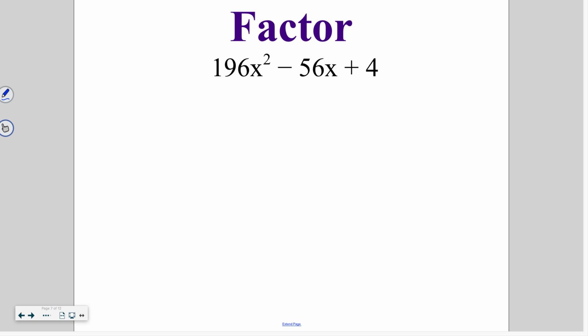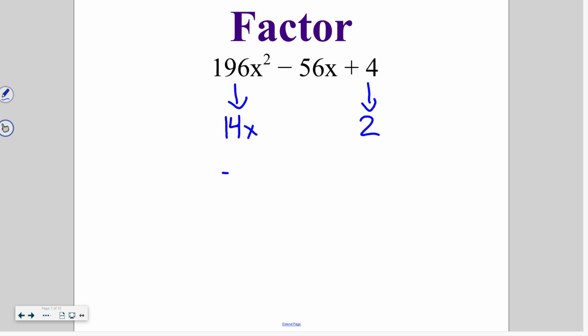When we come to trinomials, one thing you want to check before the GCF is for perfect squares, since perfect square factoring makes it easier. So checking, 196 does have a square root, and the square root of that is 14. Square root of x squared is x. And then we go to the back, and we take the square root, which is 2.